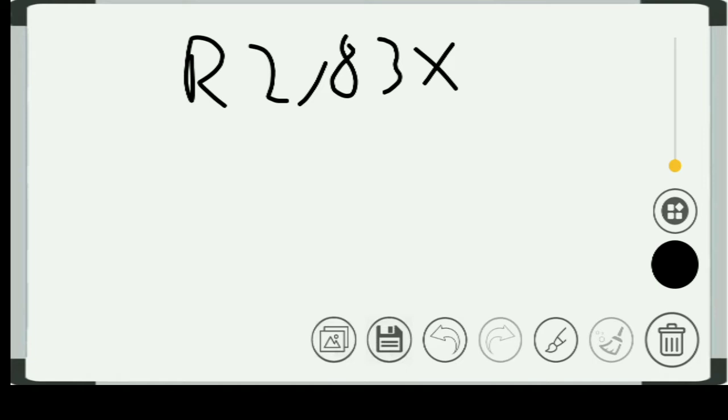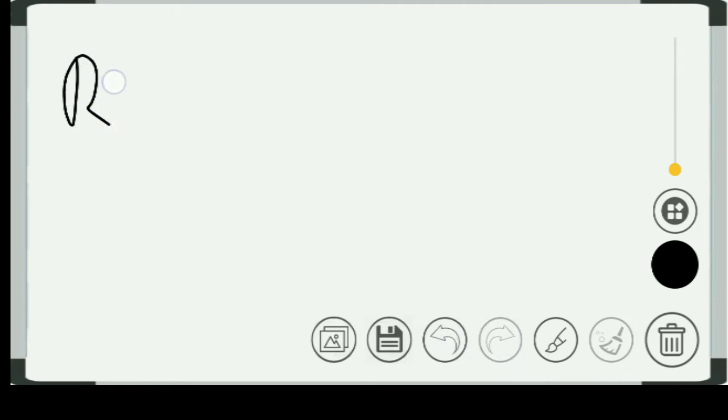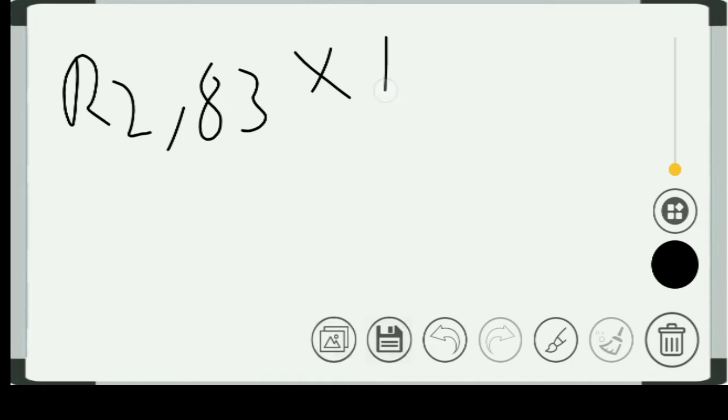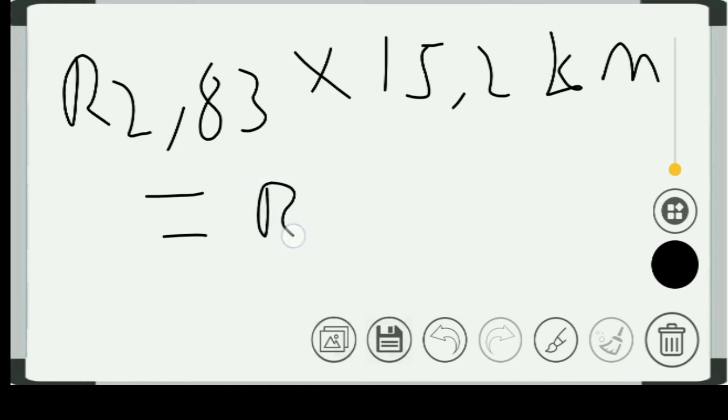We're going to say 2 rand 83 multiplied by 15.2 km, which equals 43.016.